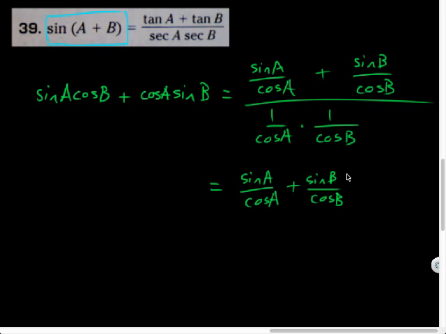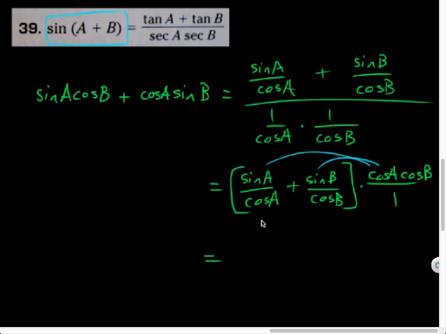So I'm going to multiply this by the reciprocal of the denominator, which is cos A cos B. Right? And in doing so, I'm going to get, here the cos A's would cancel out.